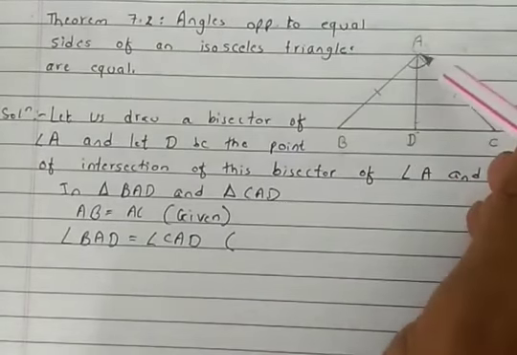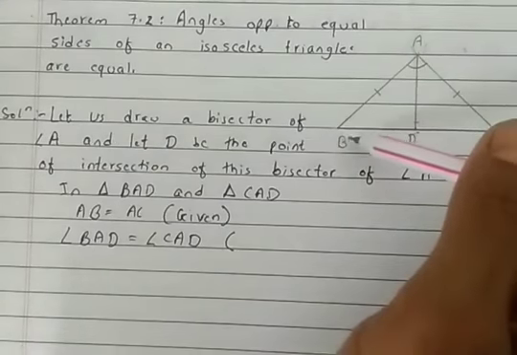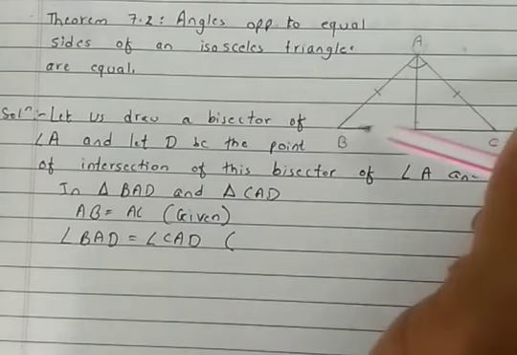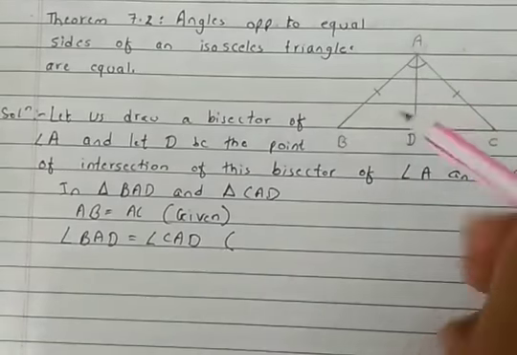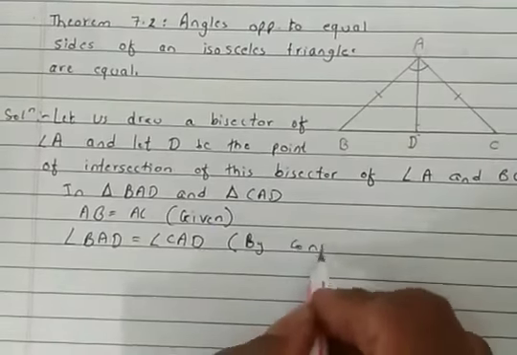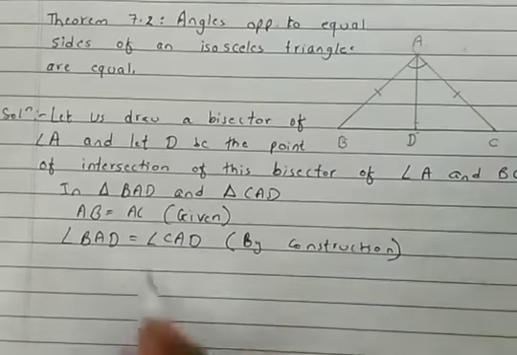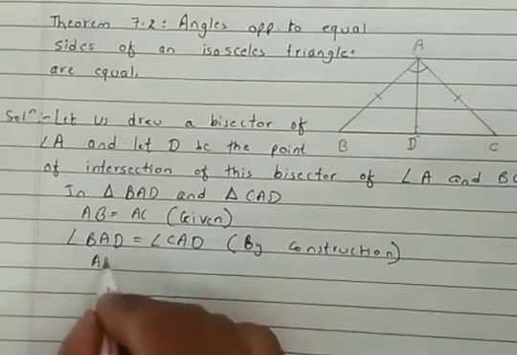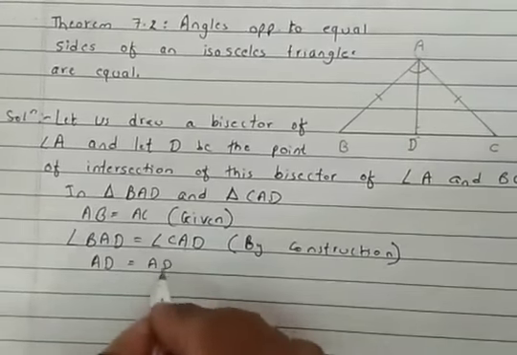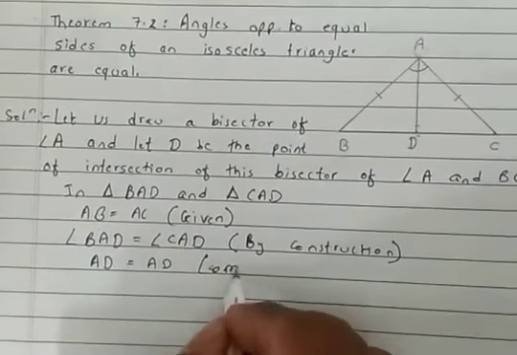Because we have drawn one perpendicular bisector AD which is meeting BC line. Right? So these angles BAD and CAD will be equal. So you can write this by construction. Now AD will be common, right, for both these triangles. So AD is common.